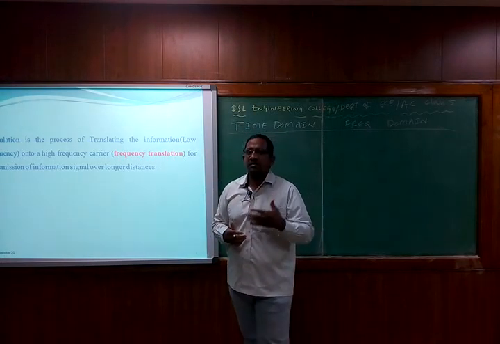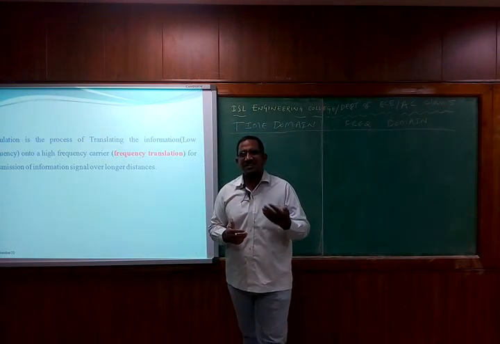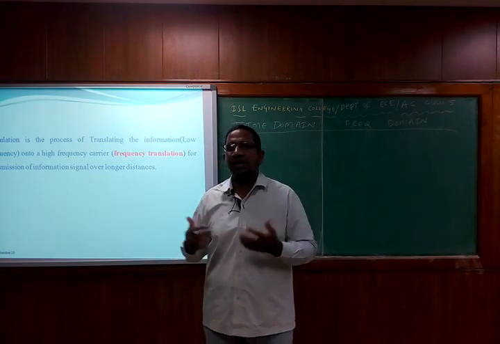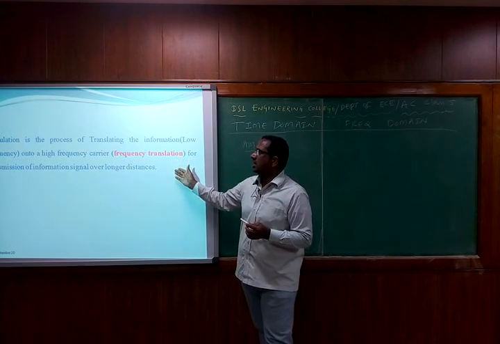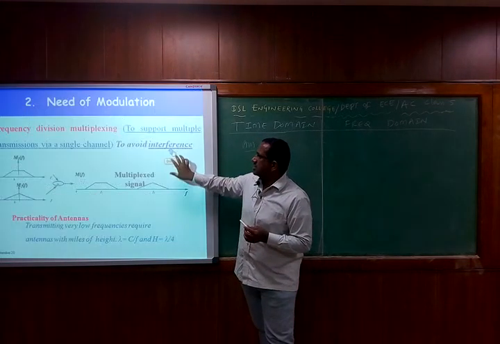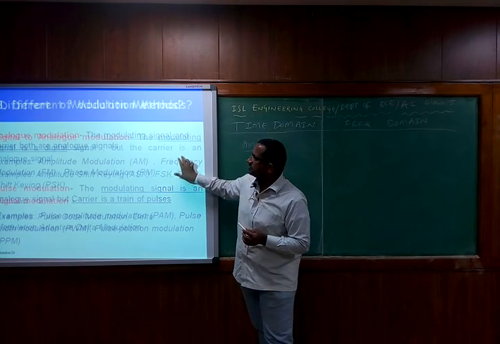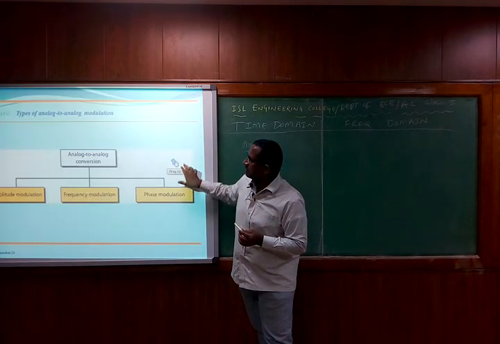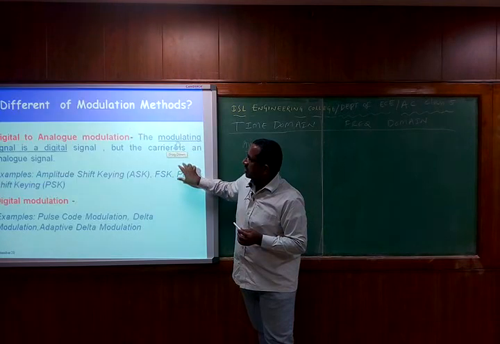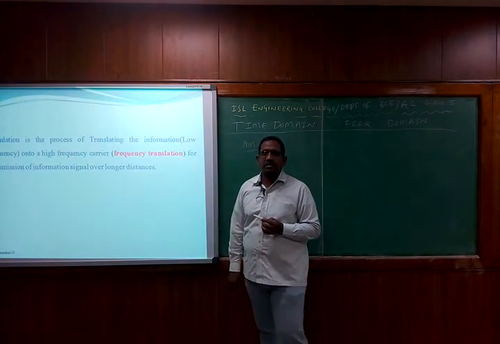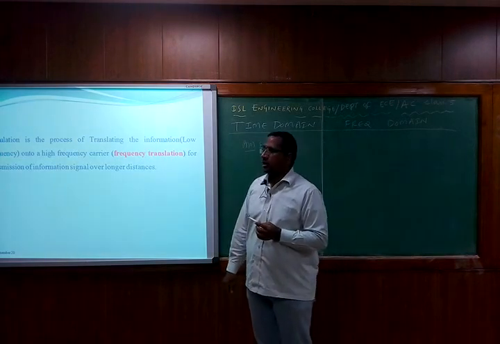Similarly, once the message sits in the carrier, what we see while the message is transmitting is only the carrier. So we are translating the message signal onto the carrier. So this is the basic definition of modulation.